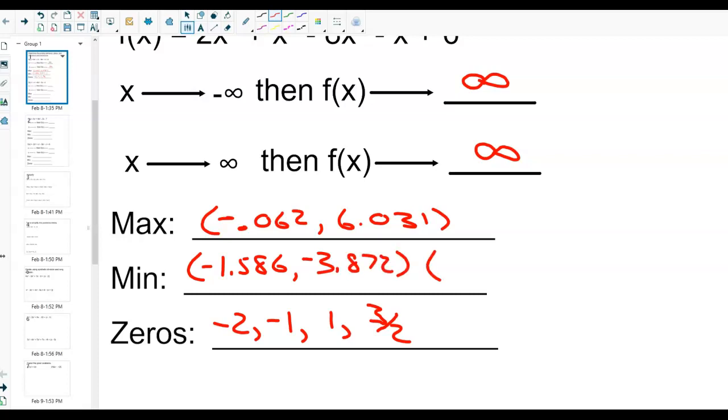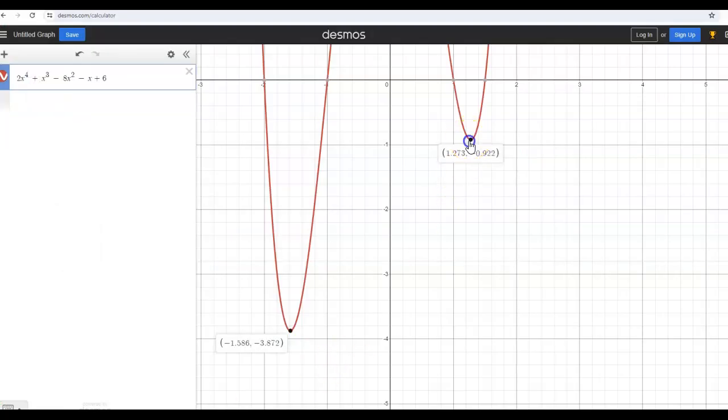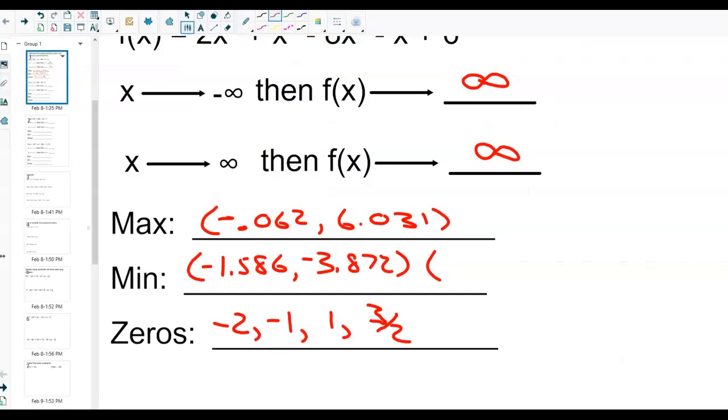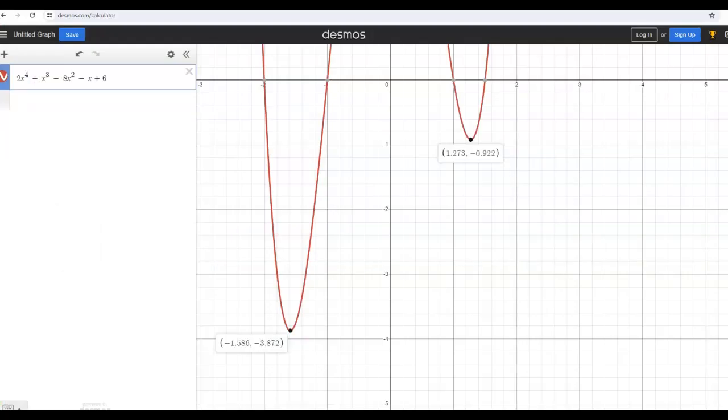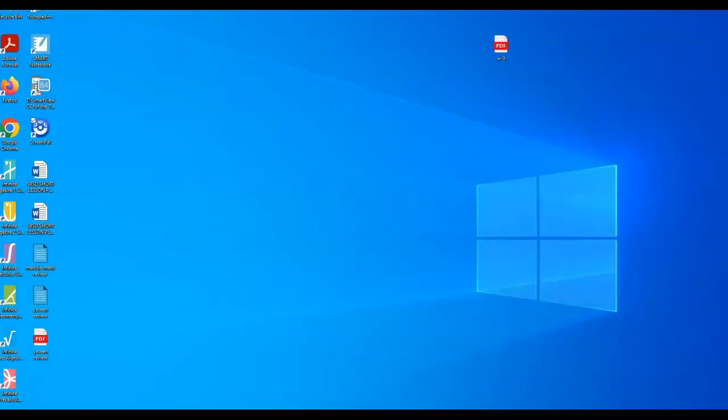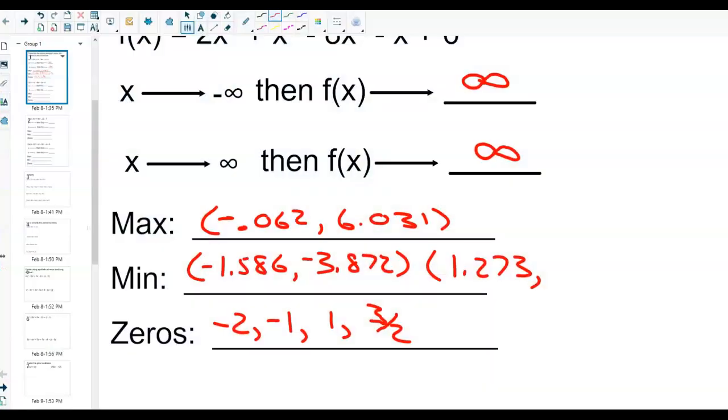My second point will be right here, where the graph turns again, 1.273, -0.922. And that's what my first problem is going to look like.